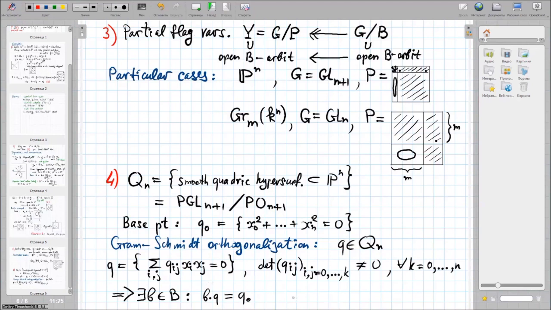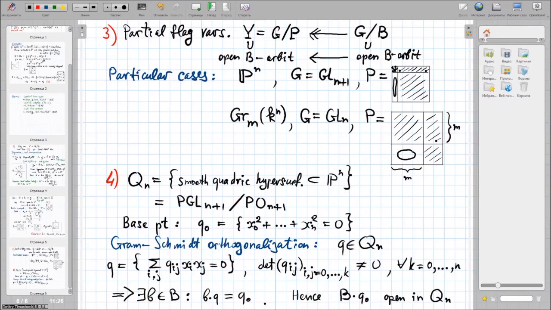And this implies, of course, that the Borel orbit of the base point Q naught is open in the space of smooth quadrics, because it is just defined by these inequalities.